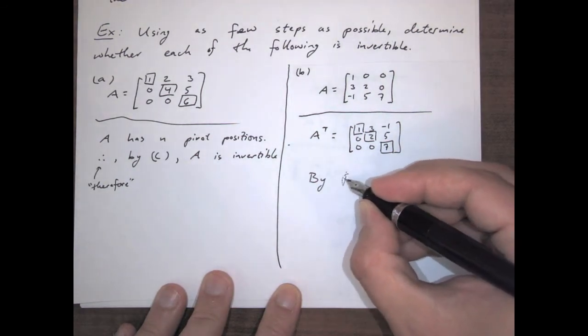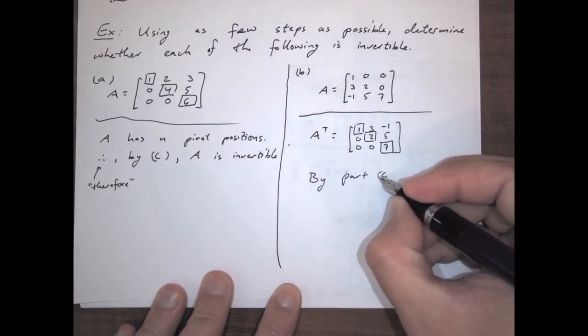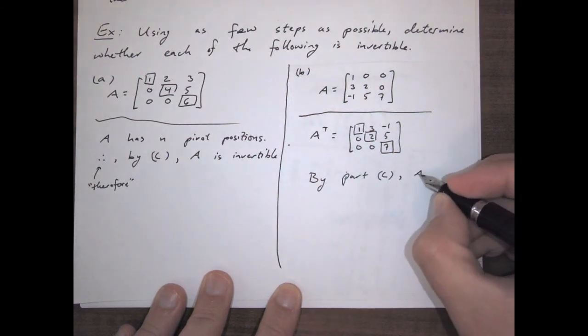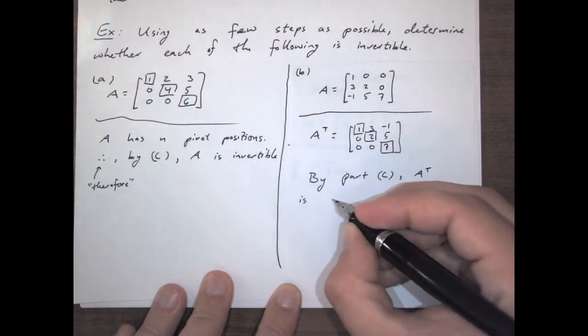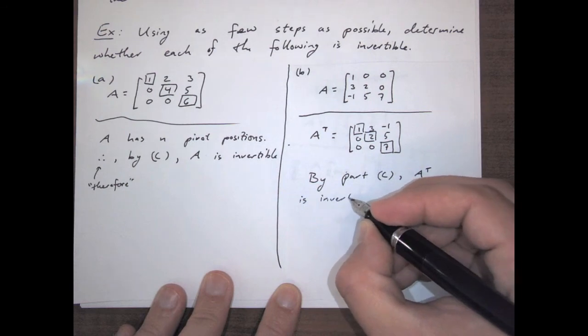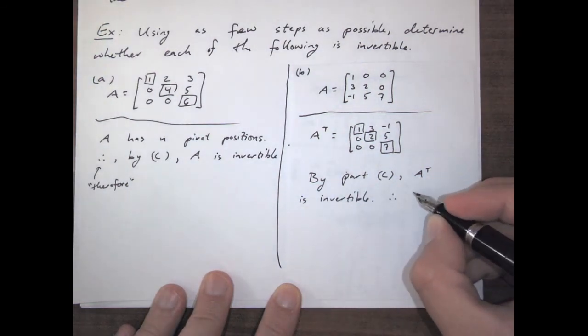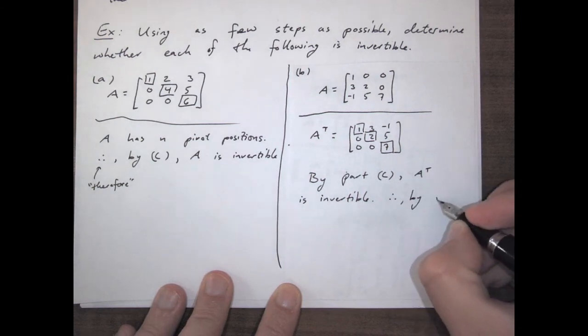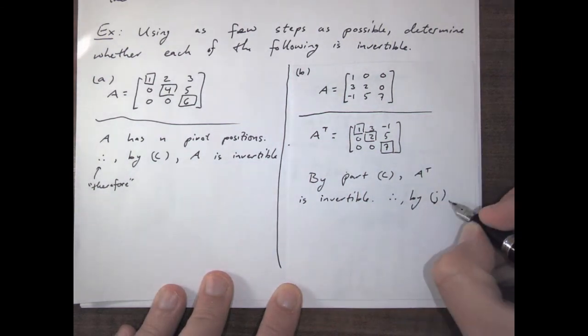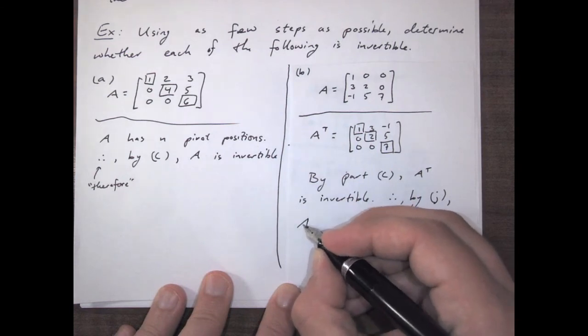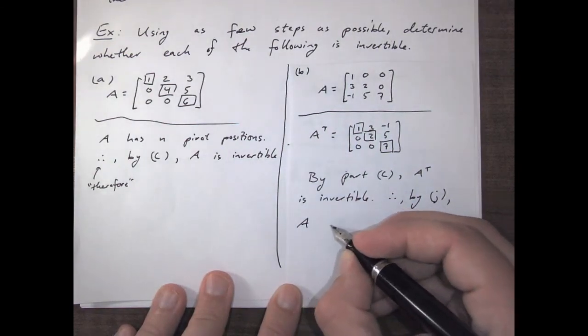So by part C, A transpose is invertible. Therefore, by part J, A is invertible.